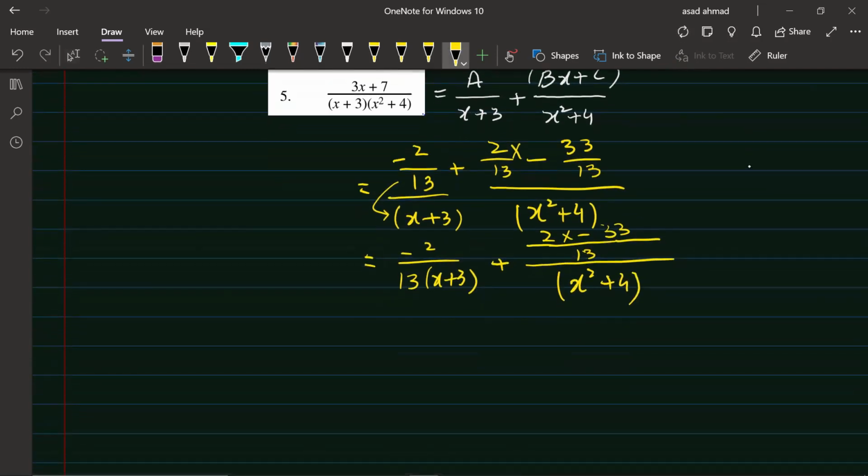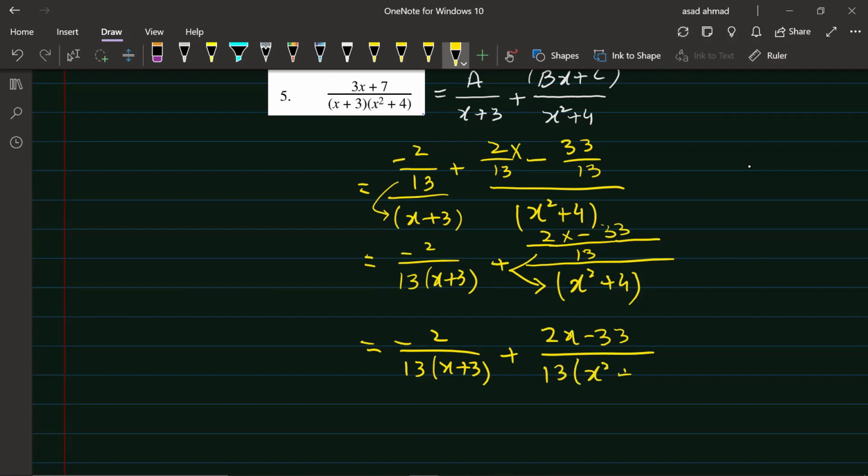Now because we have taken the LCM, shift this 13 to the denominator in the next step. So this would become 2x minus 33 over 13 times x square plus 4.